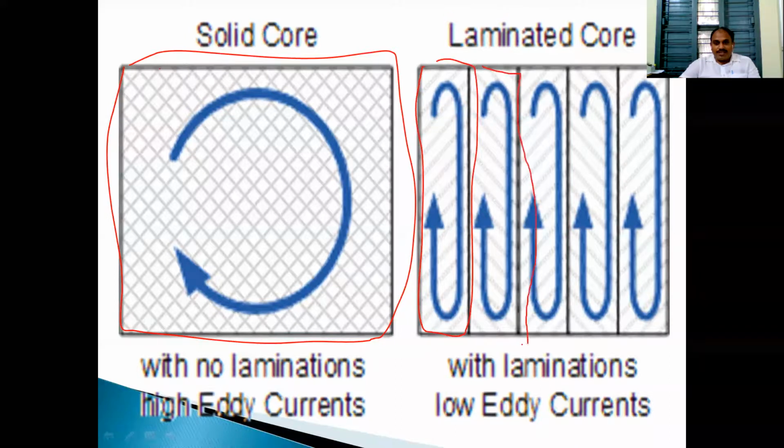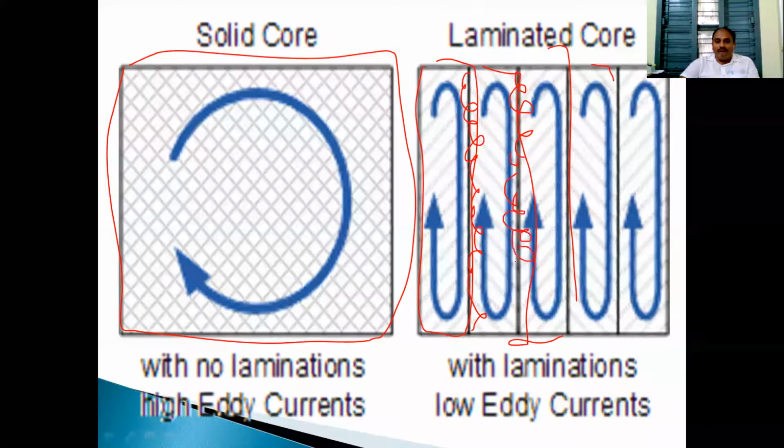We provide insulation between these two slices, like speed breakers. That insulation limits the current flow. Therefore, eddy current decreases. Losses are minimized, not zero. Eddy current losses are minimized by laminating the core.